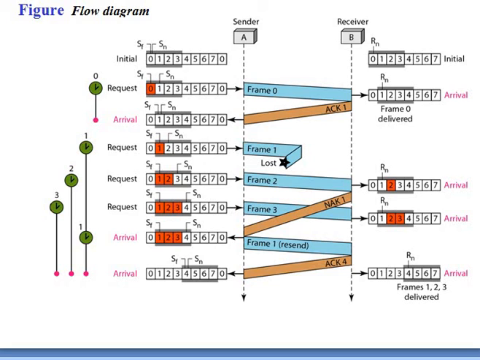Only at the last arrival, when finally a copy of frame 1 arrives, frames 1, 2 and 3 are delivered to the network layer. There are two conditions for the delivery of frames to the network layer. First, a set of consecutive frames must have arrived, and second, the set starts from the beginning of the window.